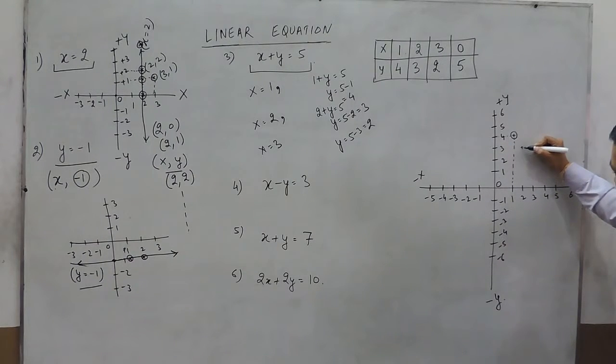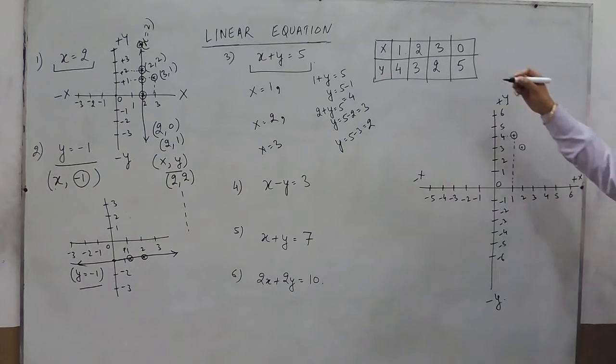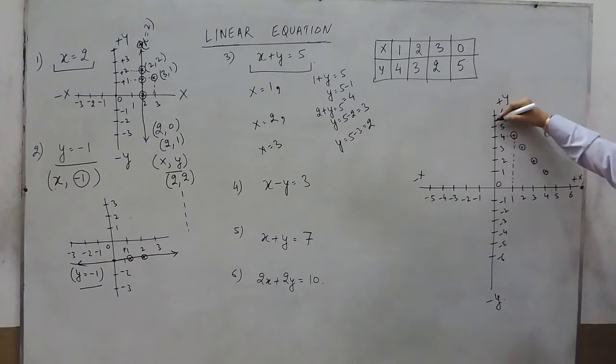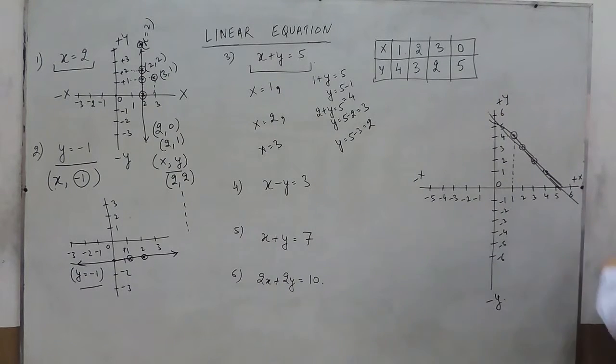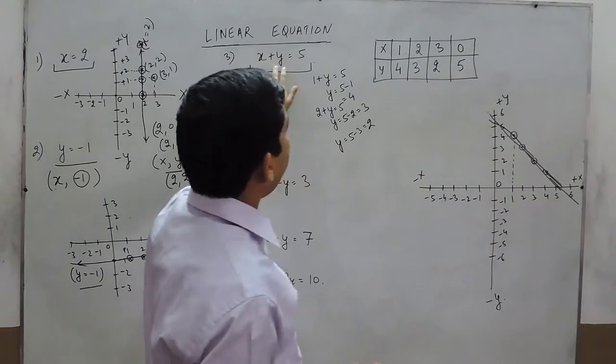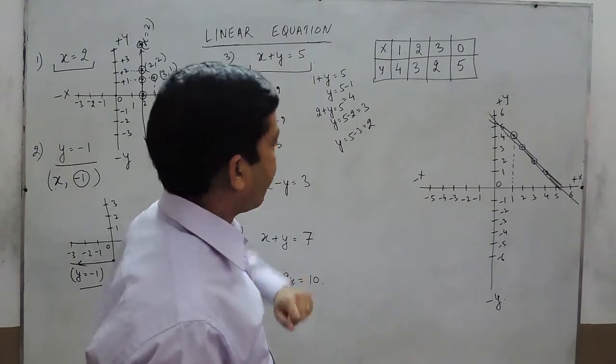So this is basically this coordinate. Then it is 3, 2, then it is 4 and 1. So basically this is the kind of line we can draw. This is a single line which is representing x plus y as 5.